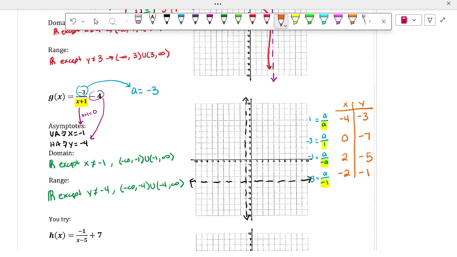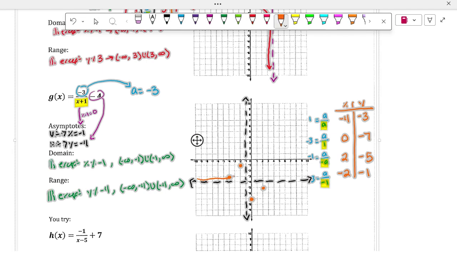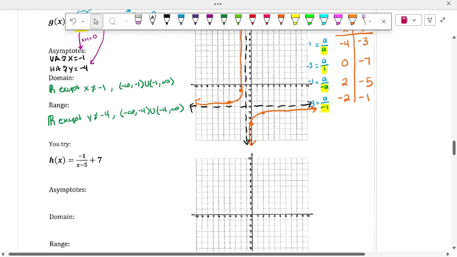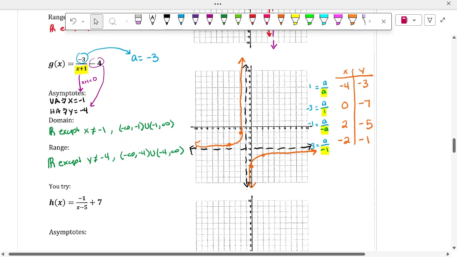So I got -4, -3, 0, -7, 2, -5, and -2, -1. And if I draw my branches, it'll look like this. And there you go. Try the next one on your own.